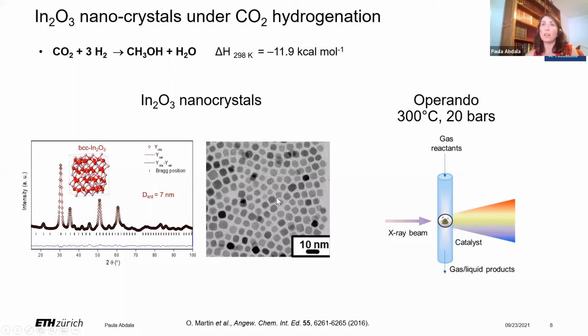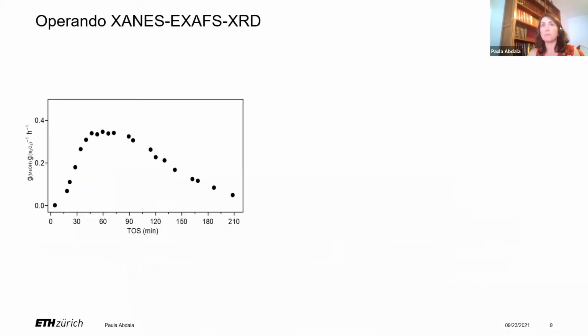And we investigated what happened to this catalyst under CO2 hydrogenation conditions at 300 degrees and 20 bars by XAS XRD operando studies. So looking at the results, we can first look at the catalytic activity. Here, what I plot is the methanol yield as a function of time on stream.